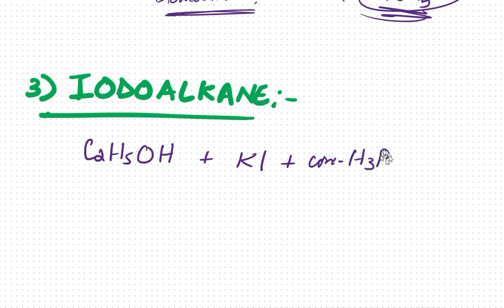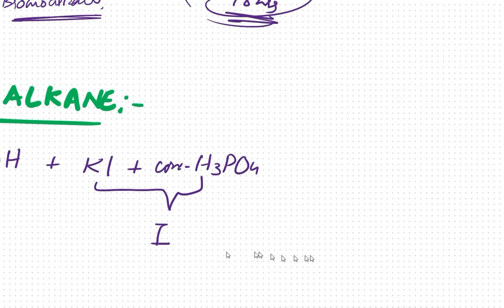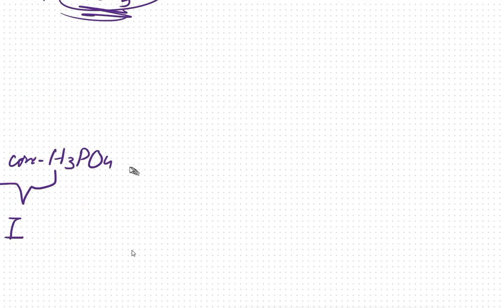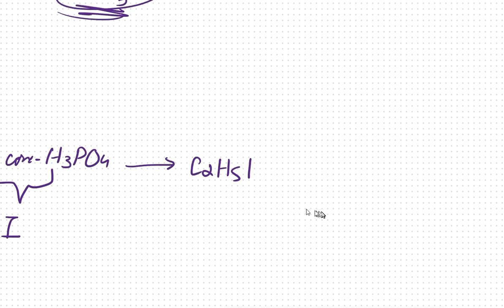This will give us hydrogen iodide, and the product that we get is your C2H5I, or your iodoalkane. That is the product that we required.